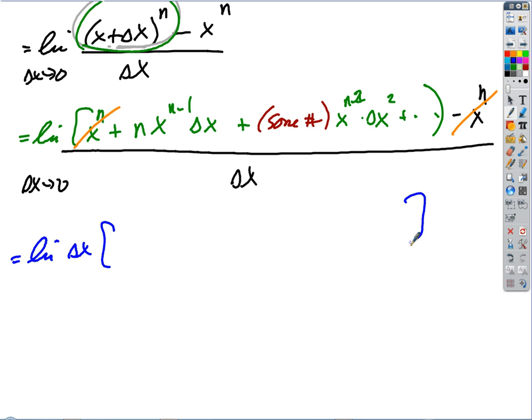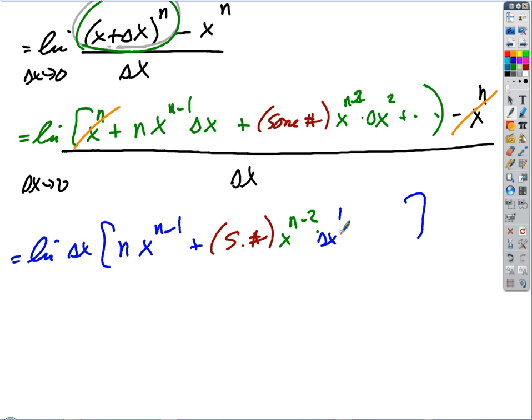If I do that, what am I left with on the top? What's this term going to give me if I undistribute a delta x? N x to the n minus 1. The next term is just going to be some number times x to the n minus 2 times delta x to the 1.